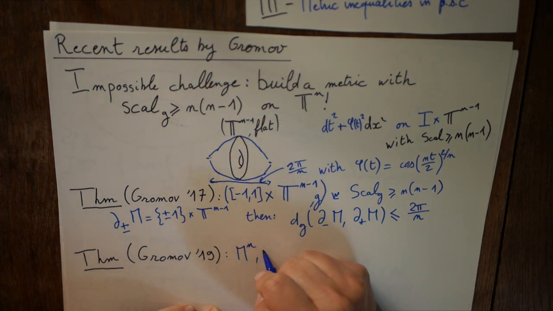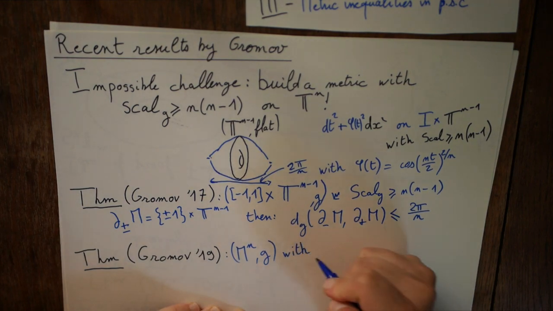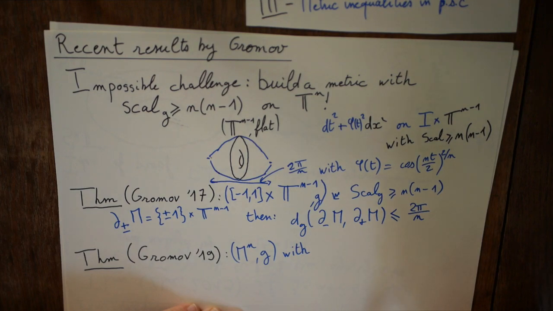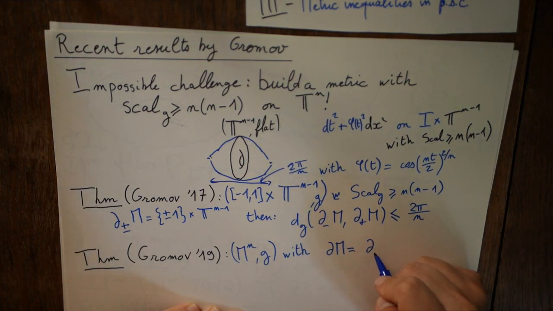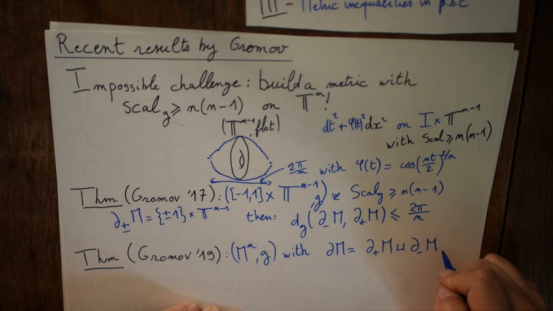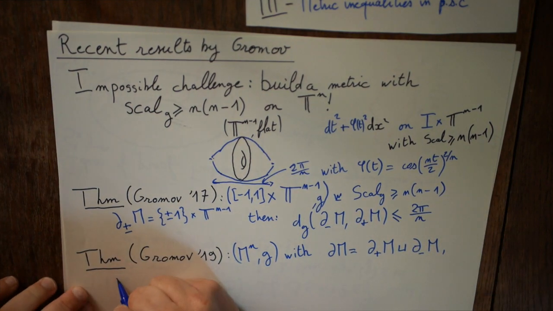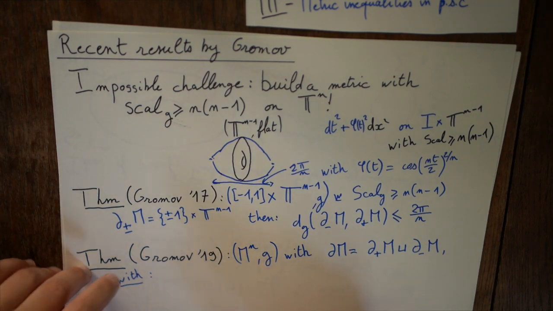So let's take (M^n, g) and assume that the boundary of M has two boundary components which are disjoint. Assume also two things.